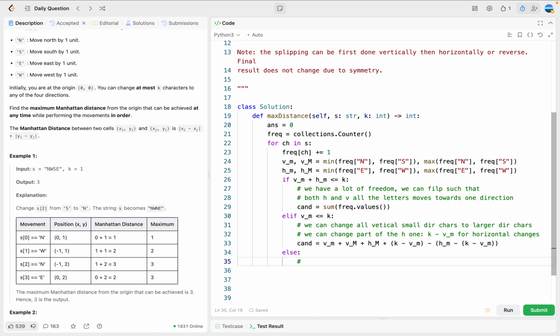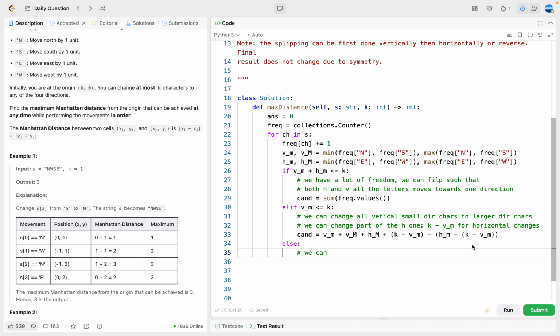And then another case is that Vm is greater than k. We can only change part of the vertical smaller direction characters to larger direction characters. Because Vm is greater than k, we can only change k among Vm.